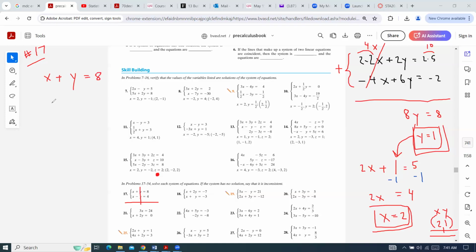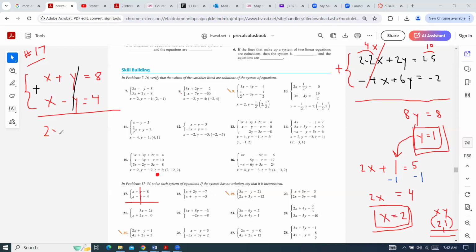So if my equations have opposite signs with y's, then I can add those two equations to each other. And when I add, the y's will disappear. So plus y and minus y will cancel. And that's our goal, not to have one of these letters.